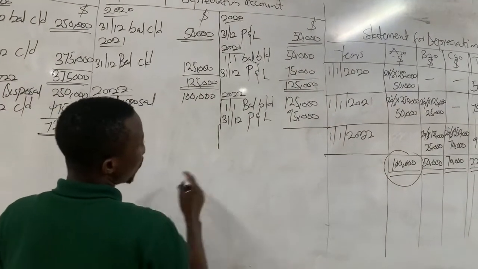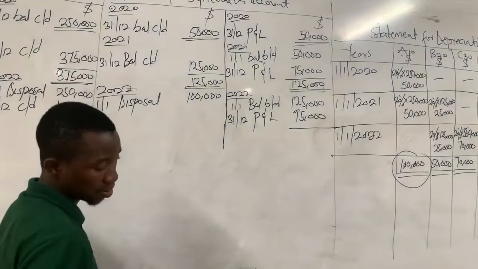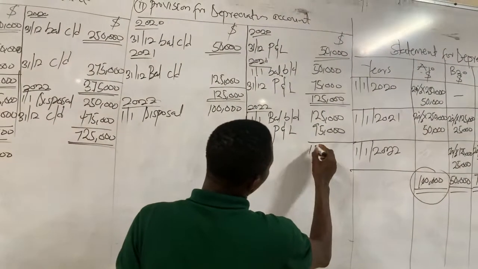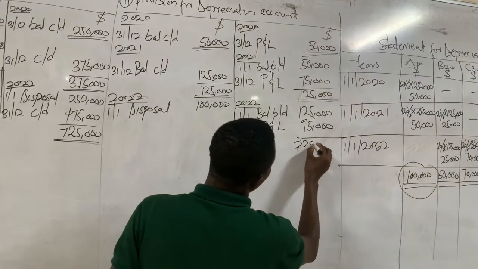$100,000. So by closing this particular account, we are going to have an amount of $220,000.